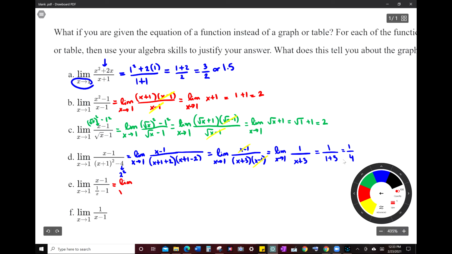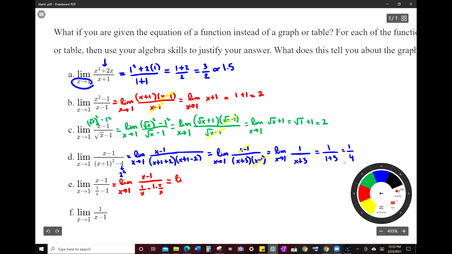So we have limit x to 1 of 1 over x minus 1, and the bottom we will try to make as one fraction. So we have 1 over x minus 1 times x over x.